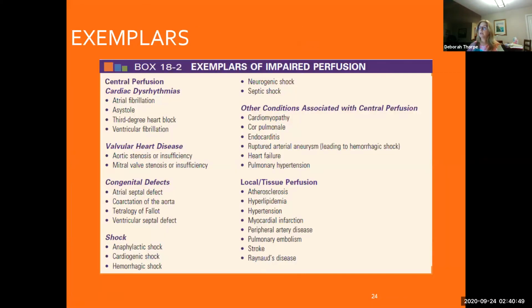Here are some exemplars. I didn't see the DIC on here, disseminated intravascular coagulation. That is something you see in pregnancy.